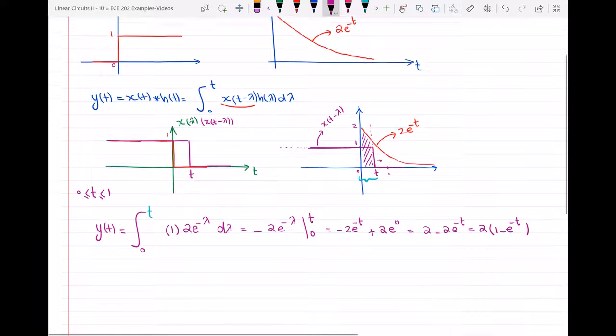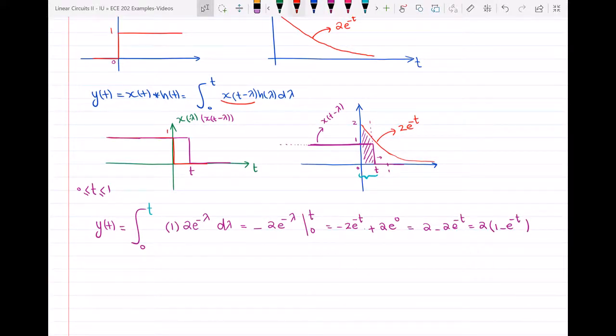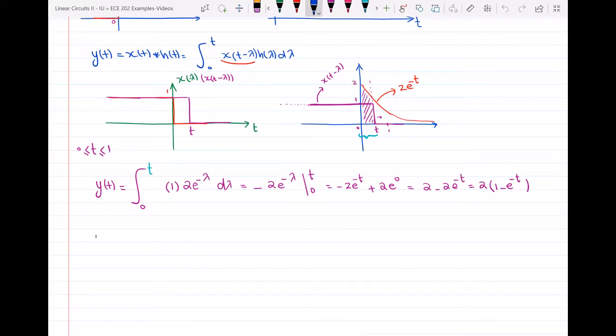So for this specific function, y of t is always equal to 1 minus e to the negative t. Why? Because both functions continue until infinity. All right, so this is for all t greater than 0, because our integral is from 0 to t.